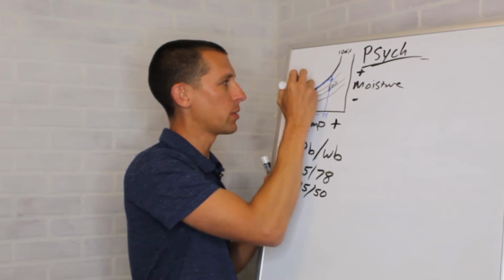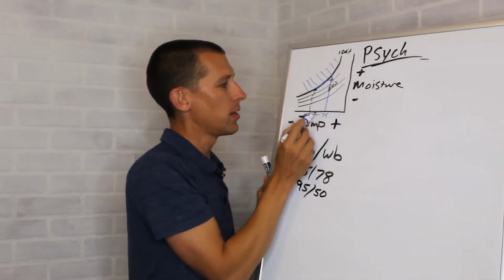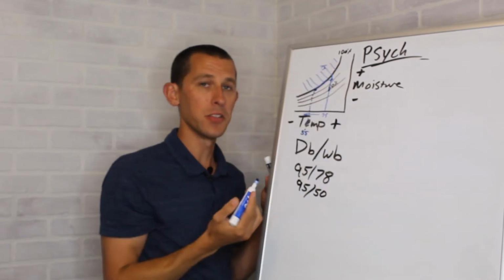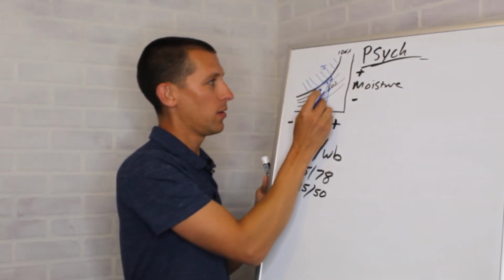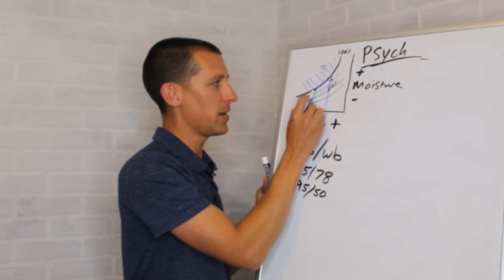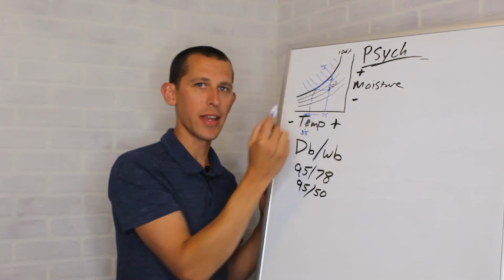Our wet bulb temperatures are lines that go like this, and 75 here is going to line up with 75 there, and so on. If we cool it down to 55, and then put it back into the space, it's going to warm back up, and we kind of do a little cycle. All right?